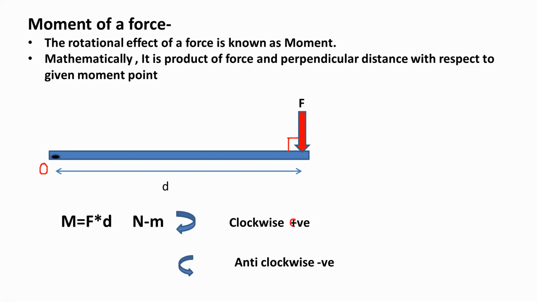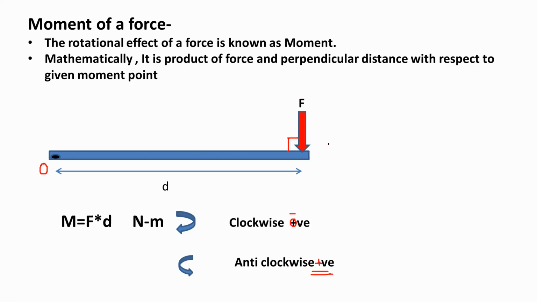Let's make the change. This is actually negative for clockwise, and anti-clockwise is positive. So the sign convention that we follow for engineering mechanics is that a clockwise moment is taken as negative and an anti-clockwise moment is taken as positive.